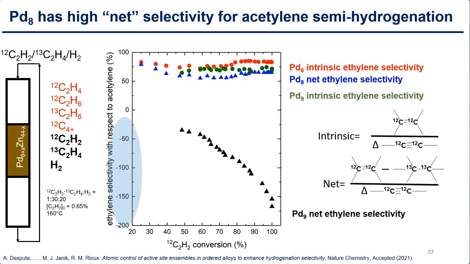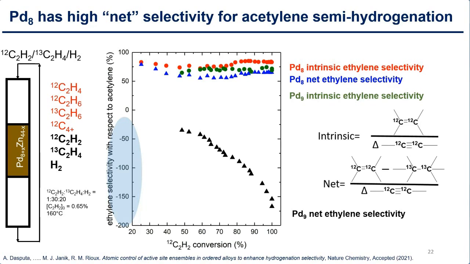Now, if we look at palladium-9, there's a very stark difference. So palladium-9's intrinsic selectivity to ethylene is high. But as we look at the net selectivity, we can see the net selectivity is much different than that found on the palladium-8 sample. And you can see by the highlighted blue area that it actually goes negative.